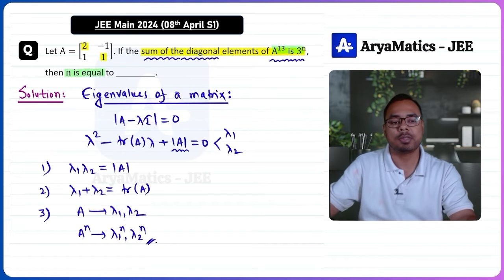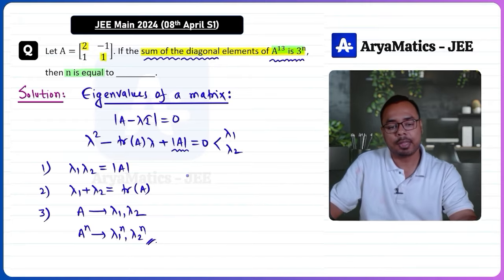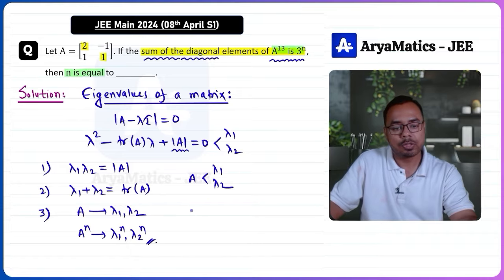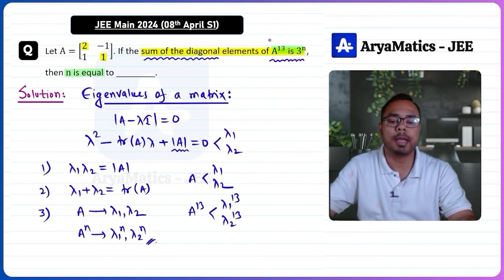So here what we'll do is find the eigenvalues of matrix A. For matrix A, the eigenvalues were lambda 1, lambda 2. So what should be the eigenvalues of A raised to 13? This will be lambda 1 raised to 13 and lambda 2 raised to 13. That will be the eigenvalues of this matrix A raised to 13.